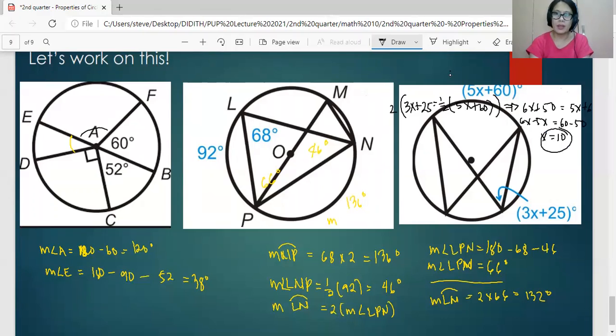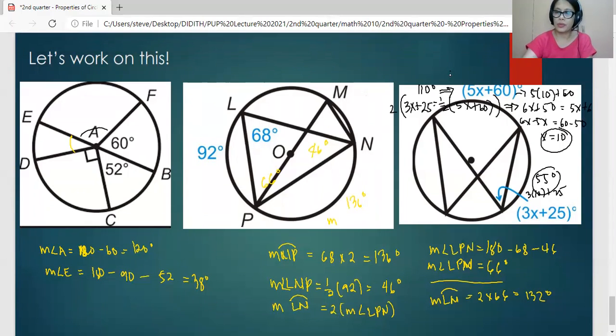If x equals 10, then this inscribed angle measures 3 times 10 plus 25. So this measures 55 degrees, while its intercepted arc measures 110 degrees. And really, this measures 110 degrees. Okay? So we're done.